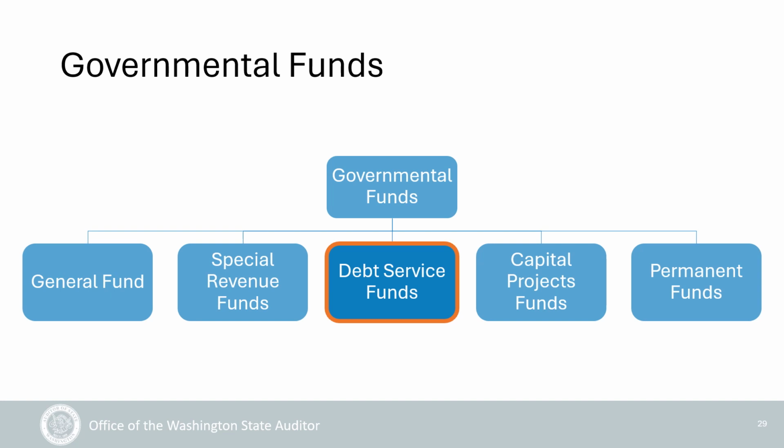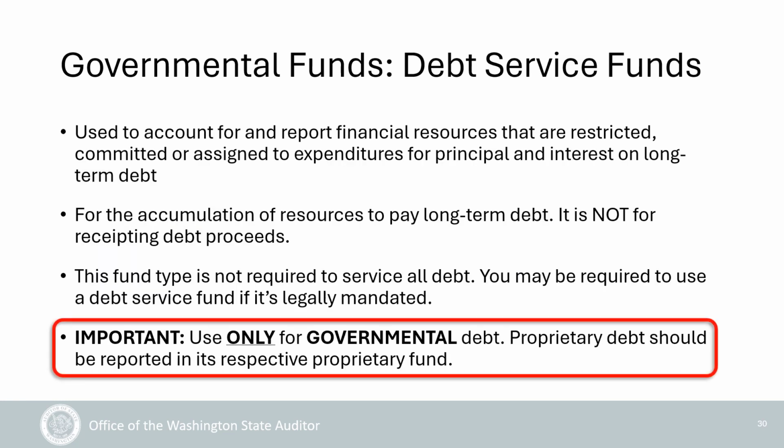Next up is debt service funds. Debt service funds are used to collect resources that are restricted, committed, or assigned to pay back long-term debt. Notice I said that it is for repaying debt. A common misconception is that bond or debt proceeds are reported in the debt service fund, but that is not true.